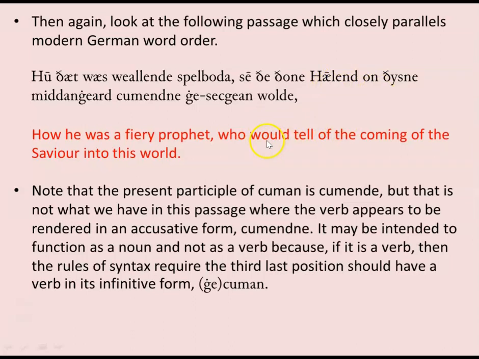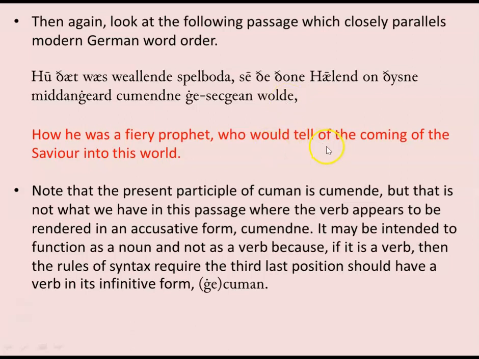So what we'd do if we were to translate who would tell of the coming of the Saviour into this world, we would have who, say there, after the comma. Our first verb here, we know because this is a subordinate clause, it must go to the end in its conjugated form. So present tense, second person singular, sorry, goes here, walde, okay, and then tell of.